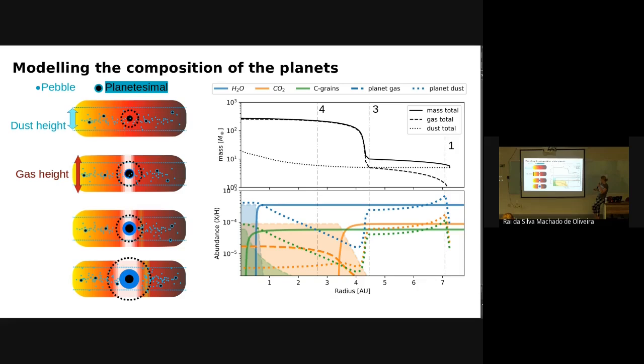And then when we have the rapid gas accretion, we can accrete any gaseous material very quickly and have a larger abundance of this molecule in the gas. And this is how we then can create a complete composition of the atmosphere of our planet.